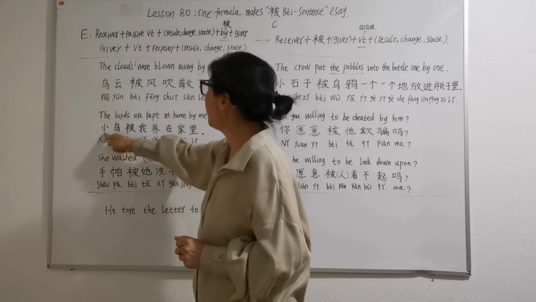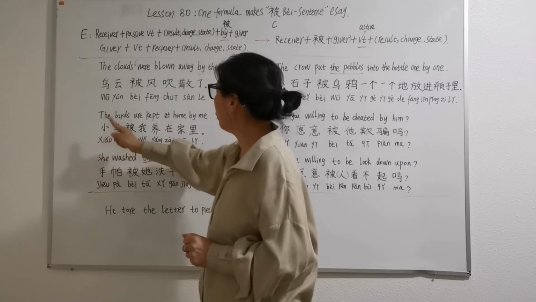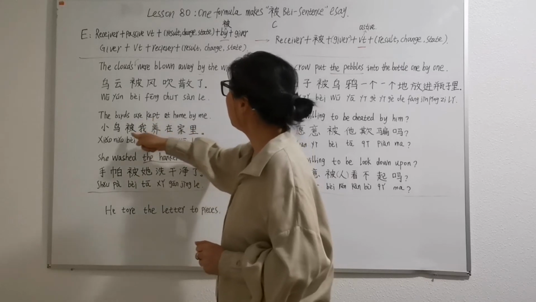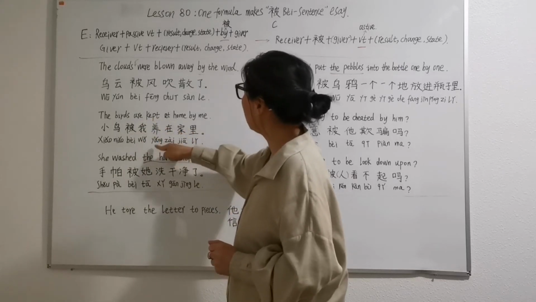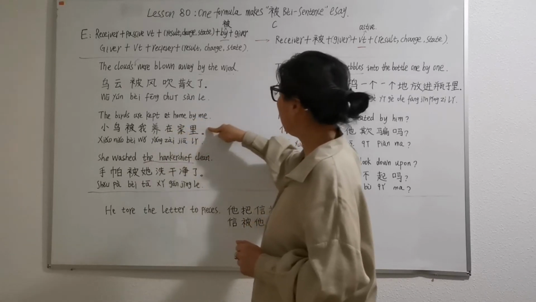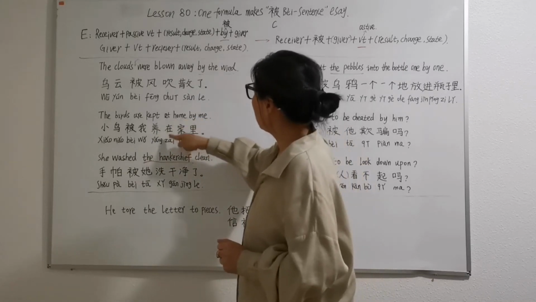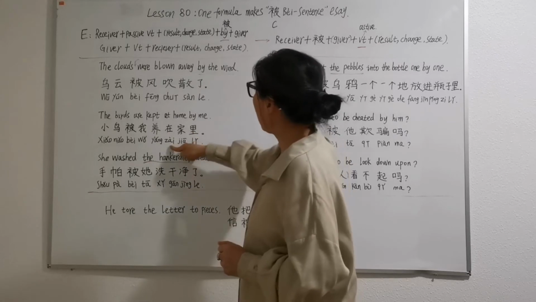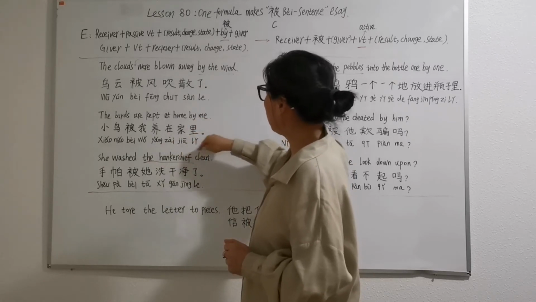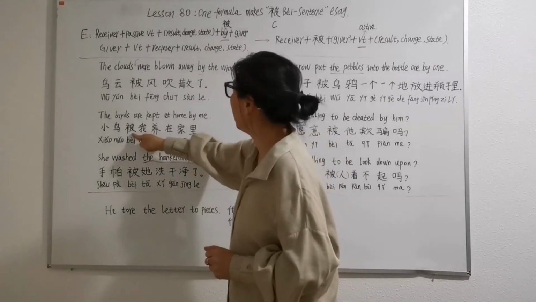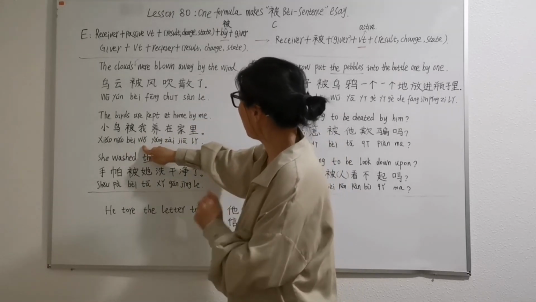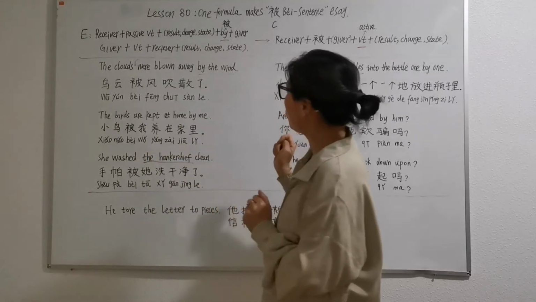The birds 小鸟, are kept 被养, at home 在家里, by 被, me 我. So how to change it into 被-sentence?